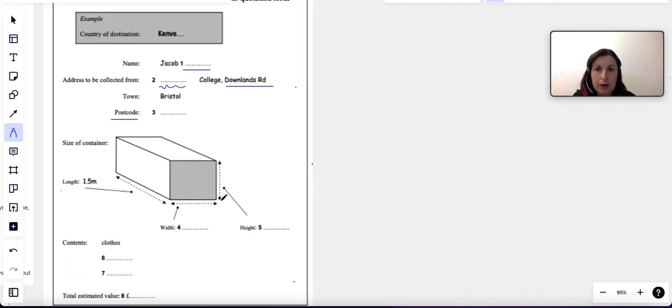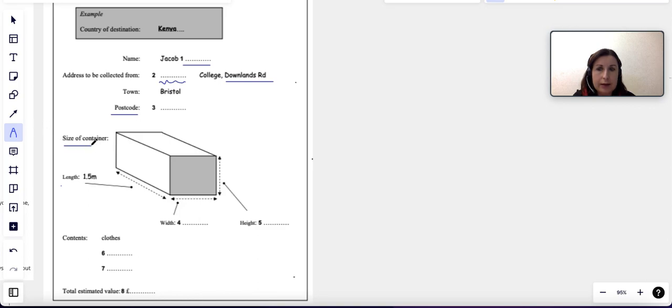Then we move on, and here you can find the size of the container. The length is given, and we need to listen for width and height. And then the contents of the container: clothes are mentioned, so probably we need 2 more items of different kinds. Total estimated value, that's a number, but be careful because that's the total estimated value.